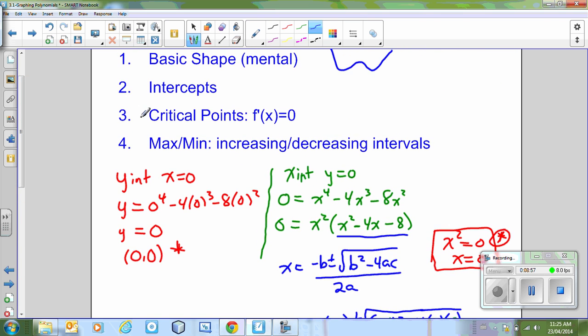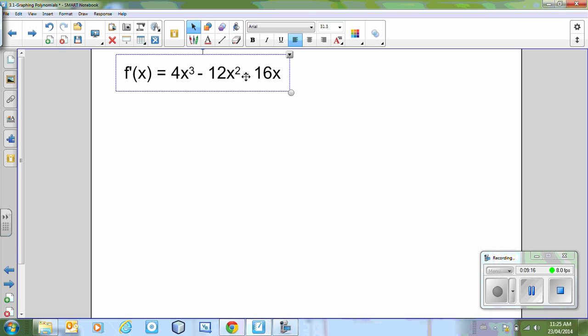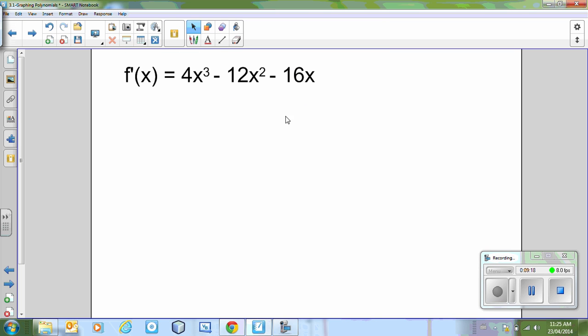The next thing I'm interested in are the critical points. So those turning points, basically. Critical points are turning points. They are what will be the maximums and minimums eventually. So my derivative, hopefully by now I don't need to go over that too much.